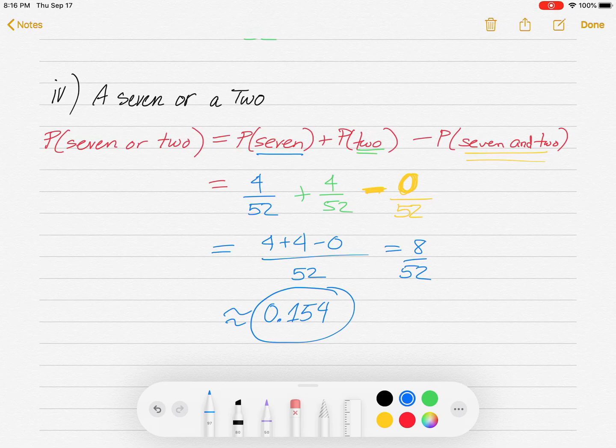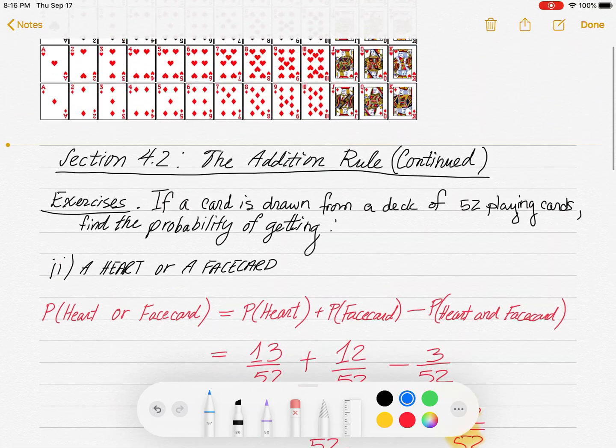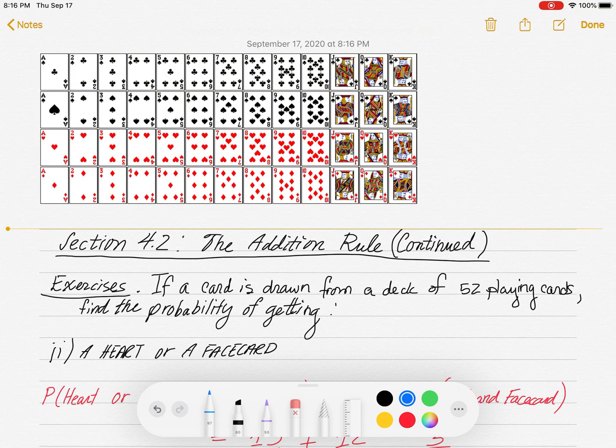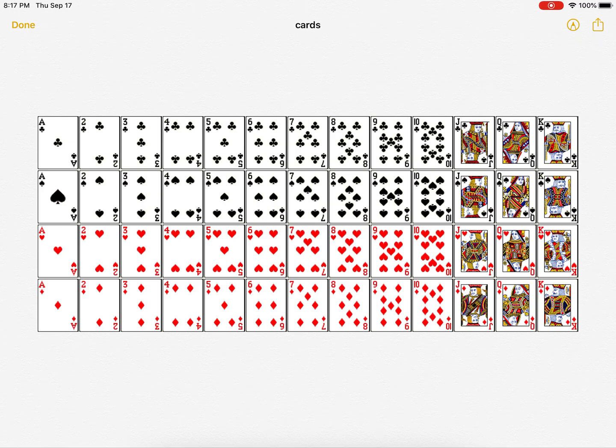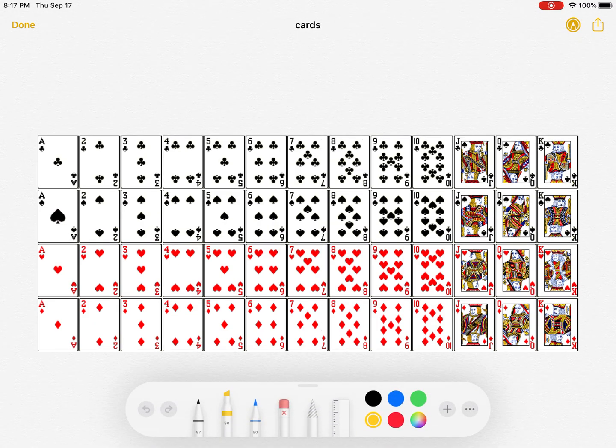Now, if I didn't really want to go through the formality of the addition rule, you know, the probability of 7 plus probability of 2 minus probability of the overlap, 7 and 2, what we could have done, we just could have gone here and said, okay, we want the 7s. Let me get my highlighter.